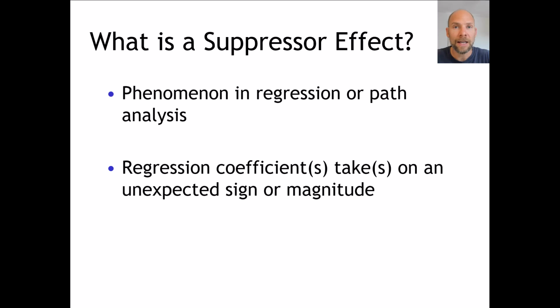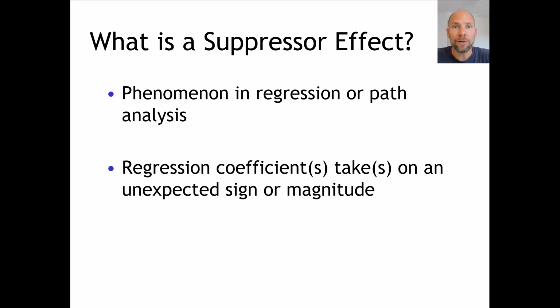We saw that the size of those standardized regression coefficients was surprising. One was above 1, one was below 1, one was negative, even though the zero order correlation was weakly positive. So that was unexpected. And that's maybe the most obvious sign of a suppressor effect.